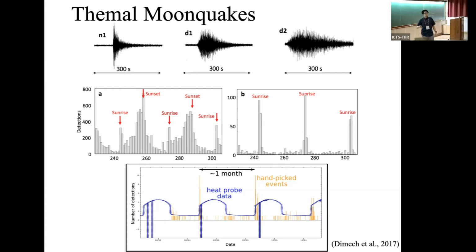Due to the temperature variation at sunrise and sunset, the rocks crack, and they can be observed as these signals. There are some studies that use these as ambient noise of the moon. And after I saw this distribution of permanent shadow regions, maybe we might expect these thermal moonquakes at the edge of the permanent shadow region.